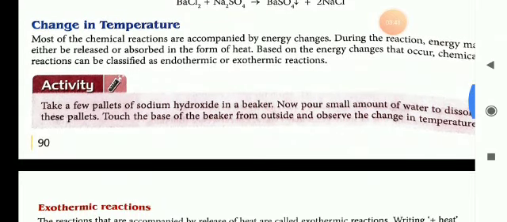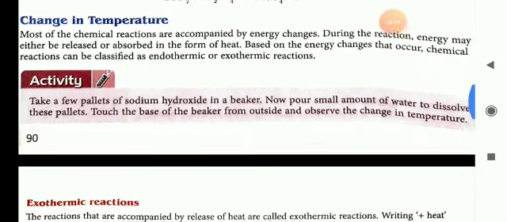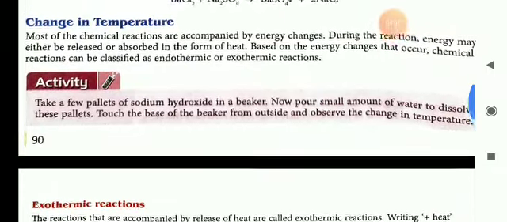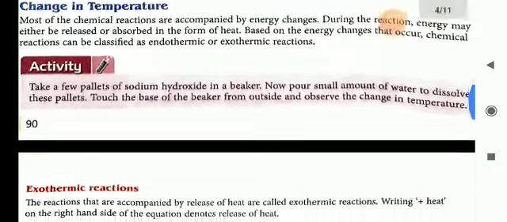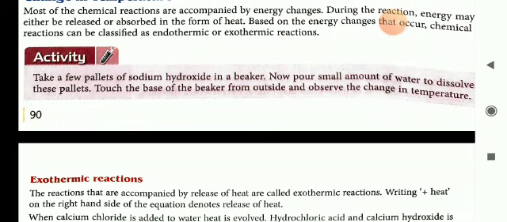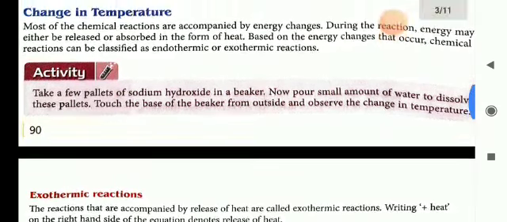See here the activity. Take a few pellets of sodium hydroxide in a beaker. Sodium hydroxide pieces we have to take in a beaker, and then we will pour a small amount of water to dissolve these pellets. Touch the base of the beaker from outside and observe the change.